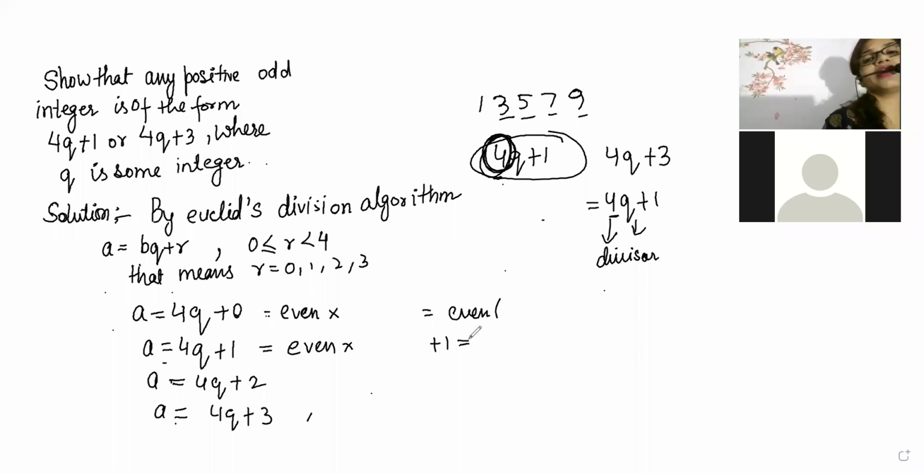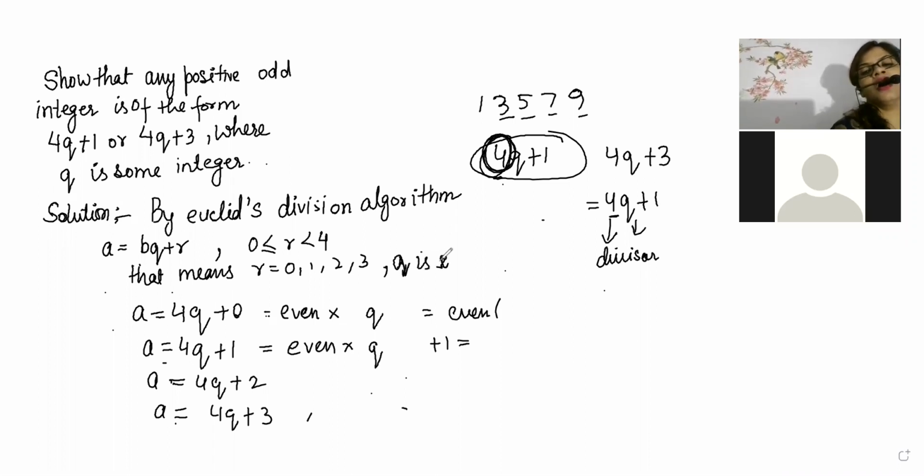So here I'm just writing it as any number. We will continue with q only. For your understanding I wrote it, but here the quotient is any positive number. Here q is a positive integer.